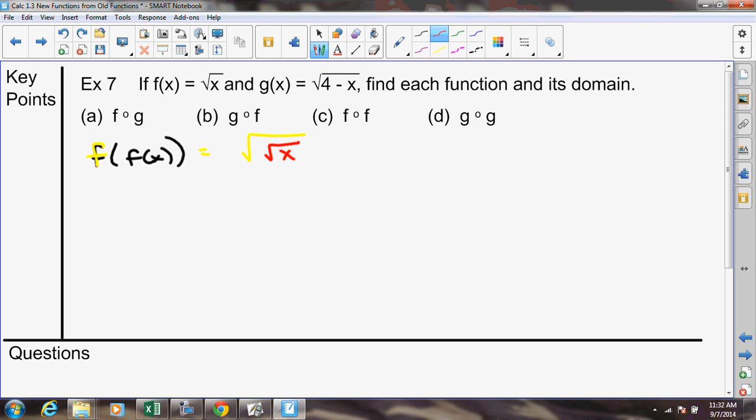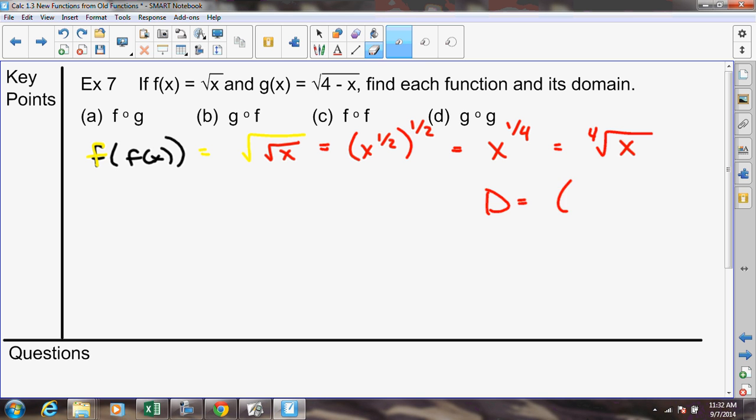But we have the same problem here. This is a half to a half, just like we were doing for problem A. That's x to the 1/4 power, or the 4th root of x. And very similarly to that one, that will have a domain of, oh, I needed a square bracket there, sorry. Everything from 0 on up is okay for an even-powered root.